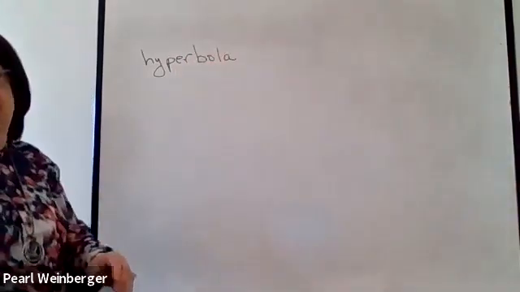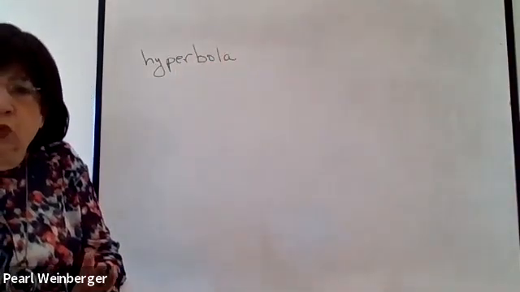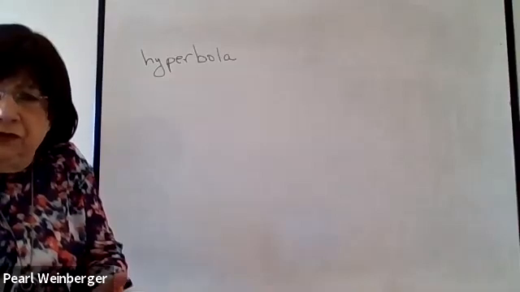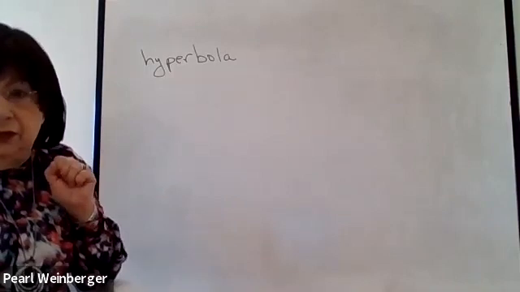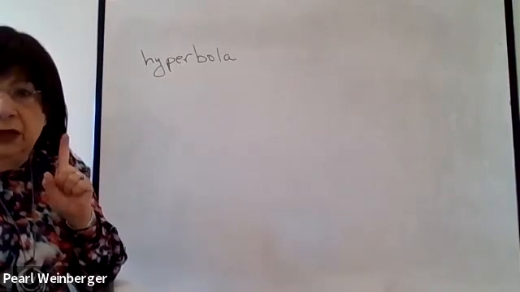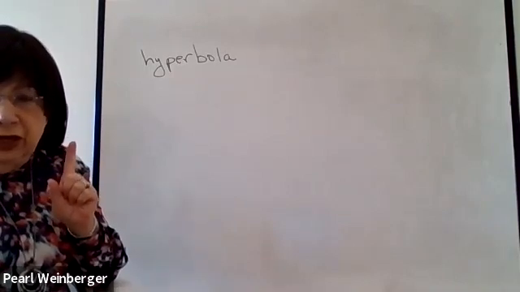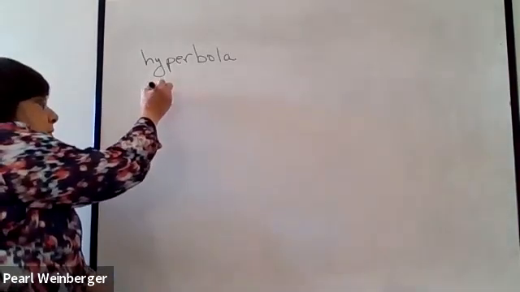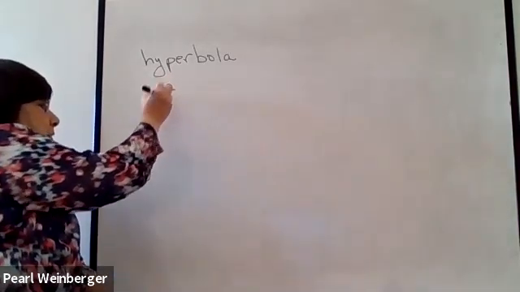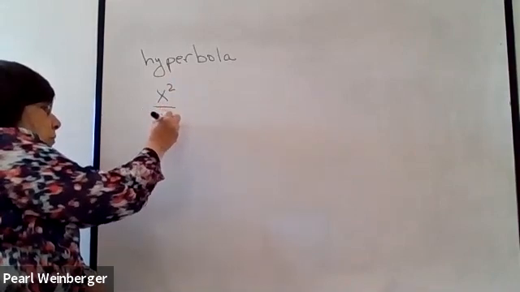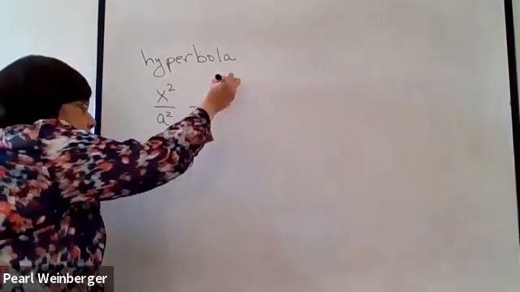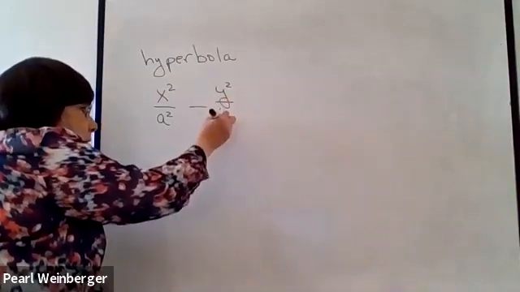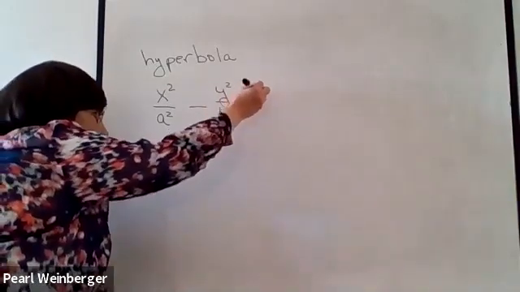you're going to look at it and you're going to say, oh, it looks just like the equation for an ellipse. It's almost identical. There's one major change. The standard equation of a hyperbola is x squared over a squared minus y squared over b squared equals 1.